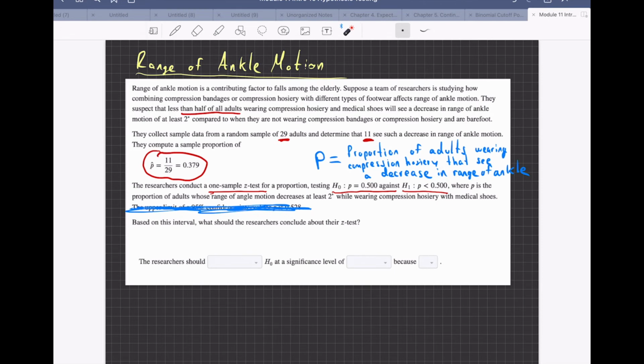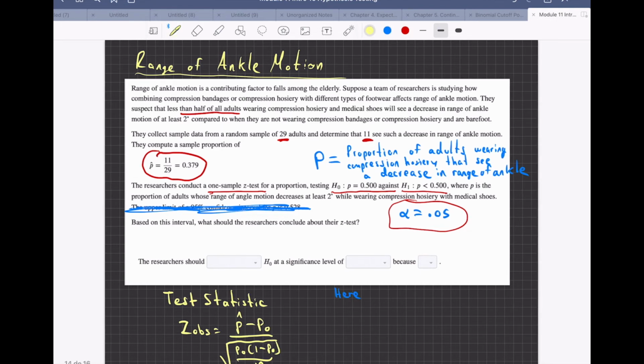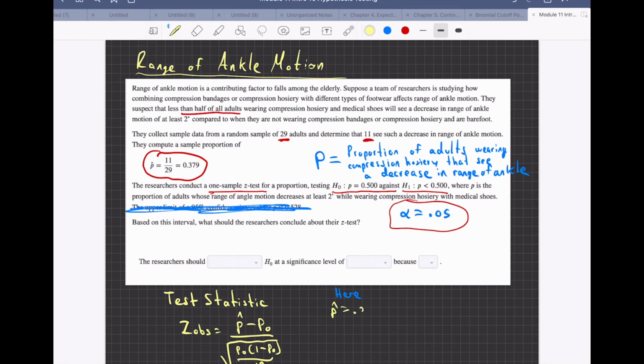So I think we have to use alpha equal to 0.05.